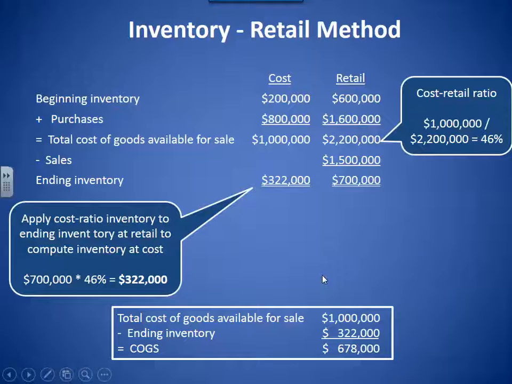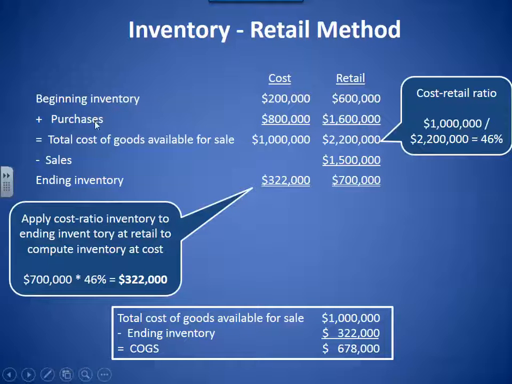So we're going to skip the beginning inventory just for a moment and go on to purchases. Now, when a retail company makes their purchases, they know how much they're going to mark up those purchases, typically above their cost.